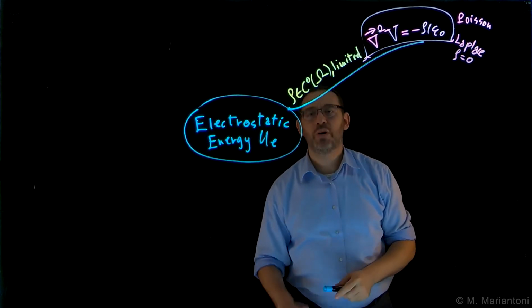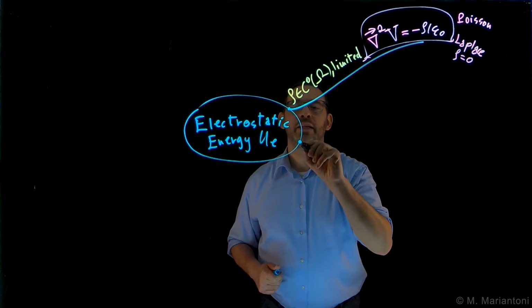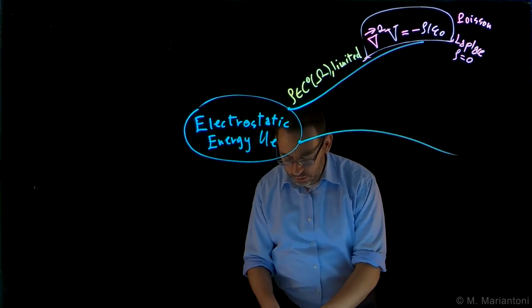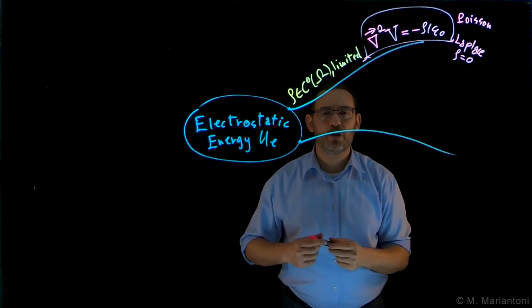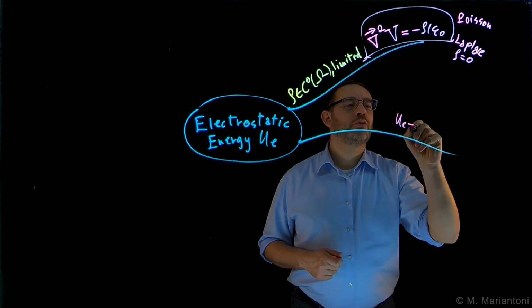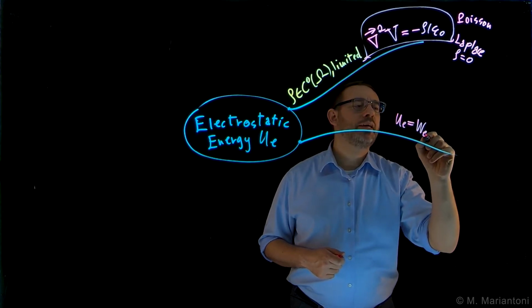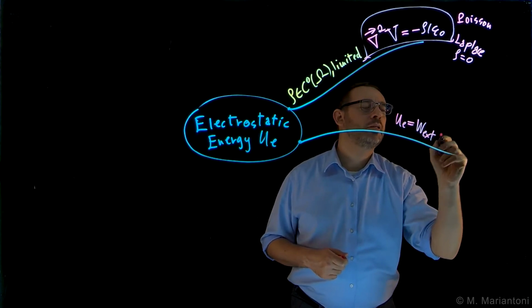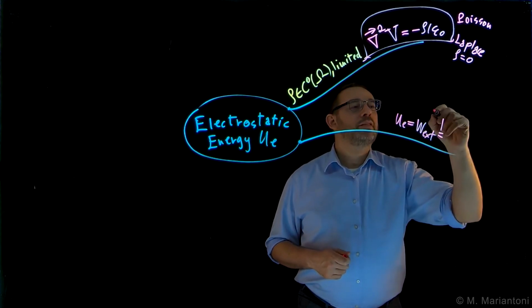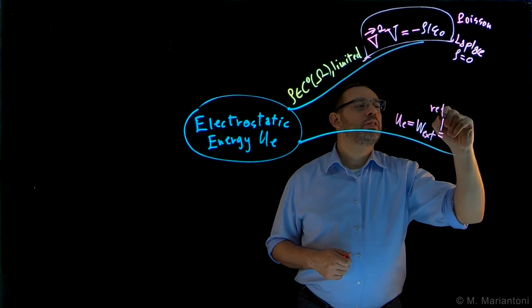So then we were able to find the energy, the electrostatic energy UE associated with a single point-like charge in space. In this case, UE is equal to the work of the external forces to move a particle, using a reference that is normal conditions at infinity.